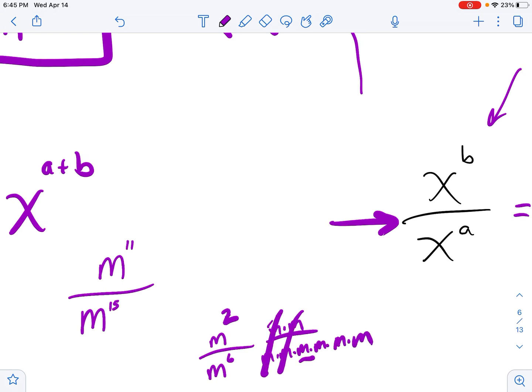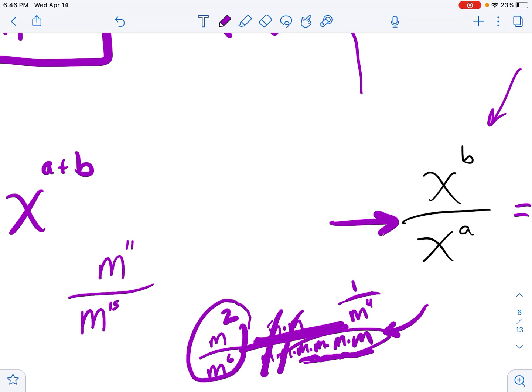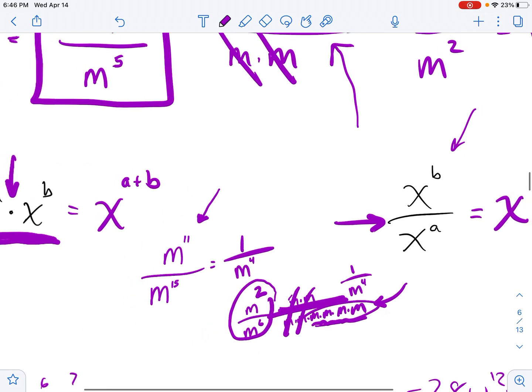Okay, so I'd cancel, and then I'd end up getting m to the 4th. So that's 1 over m to the 4th, because look, my m's are in the denominator, below my fraction bar. So wherever I have the larger number, that's where the exponent's going to end up being. So with m to the 11th and m to the 15th, my larger number is in the denominator, so I'm going to subtract them, and I'll get 1 over m to the 4th.